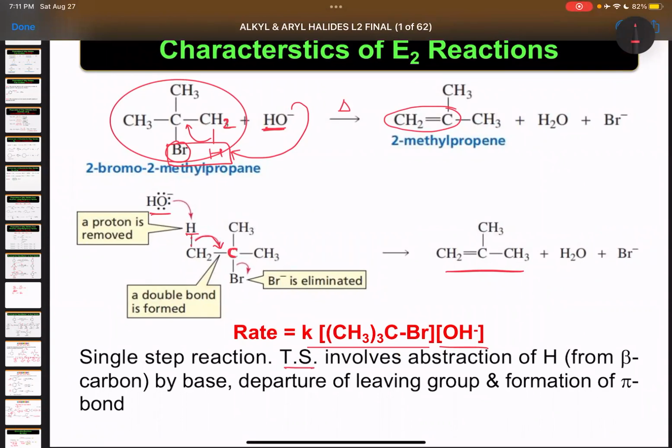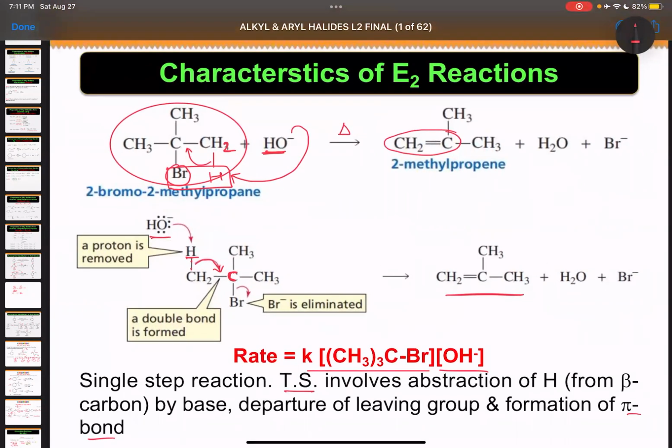Transition state involves abstraction of H by the base and departure of the leaving group, formation of a pi bond or a double bond. This is how the reaction is happening. The elimination requires strong condition, vigorous condition. Okay. Heat, especially heat is required.